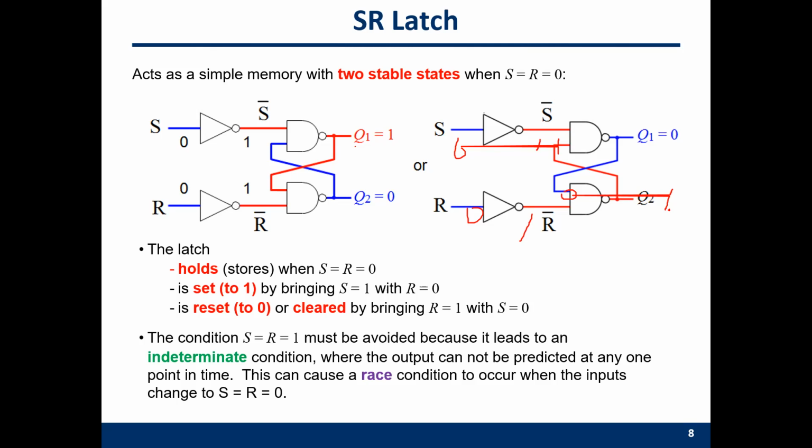If S and R are 0 and 1, then you have a reset. Q is 0 and Q bar is 1. So unlike the simplest D latch, where you can only have a hold and a load state, here you have hold, set, and reset. You can control the value in the latch.